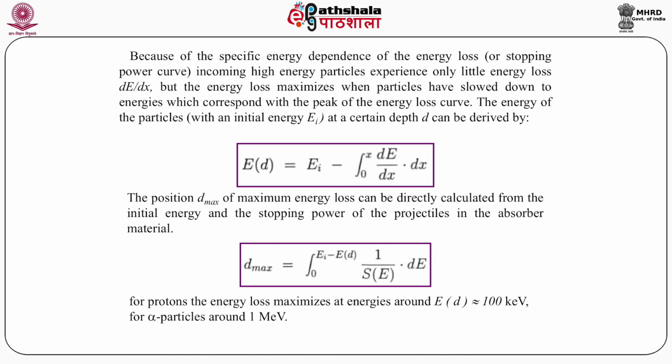For protons, the energy loss maximizes at energies around ED equal to 100 keV. For alpha particles, it is around 1 MeV.